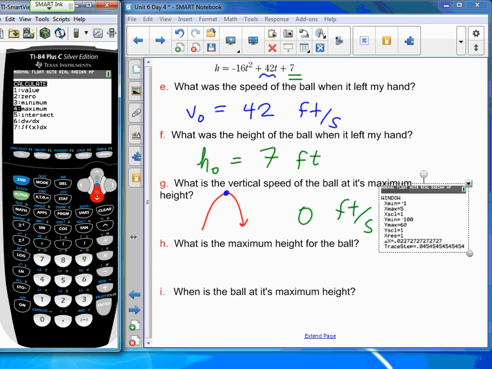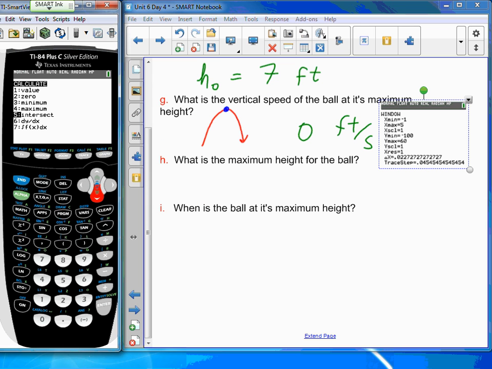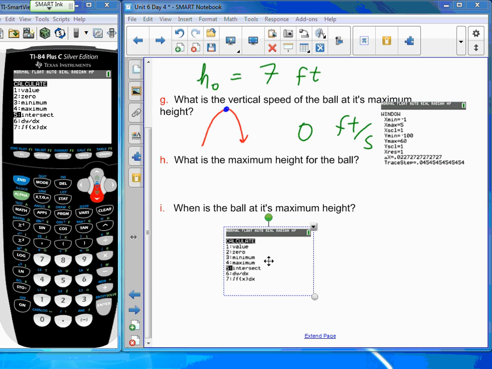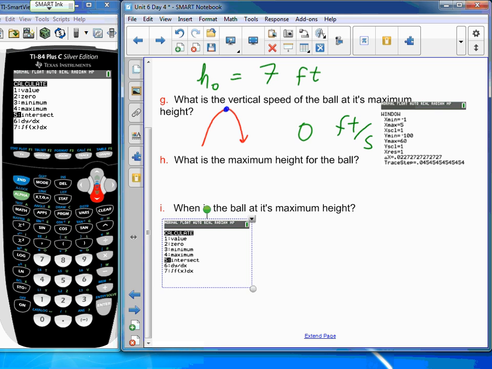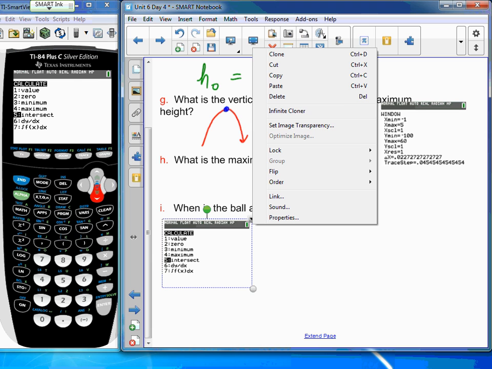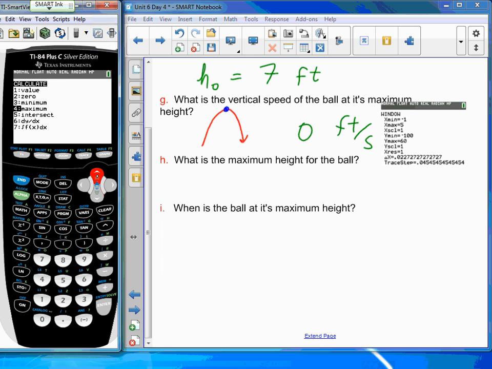The fourth option, not the fifth option.